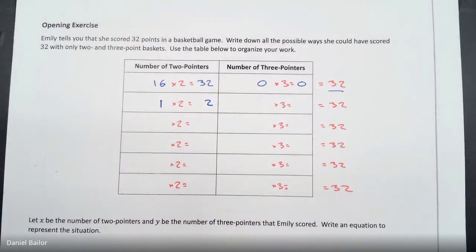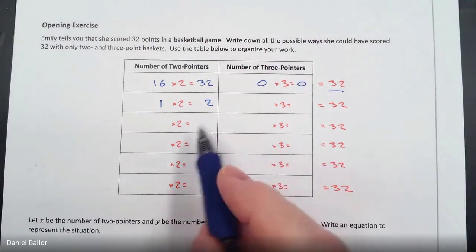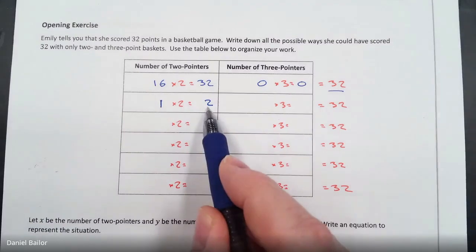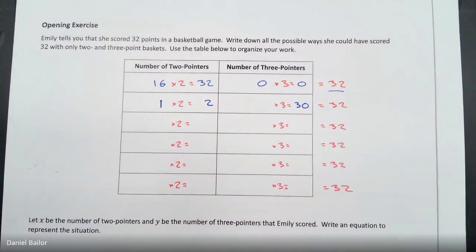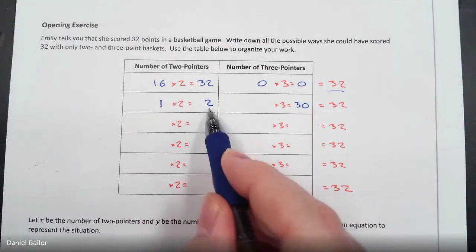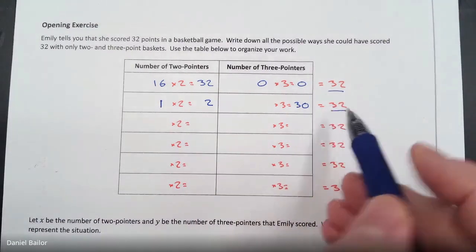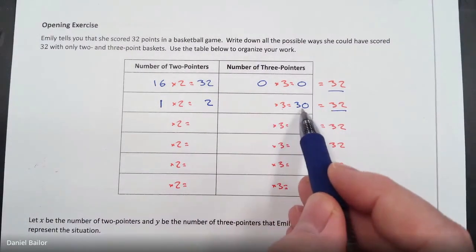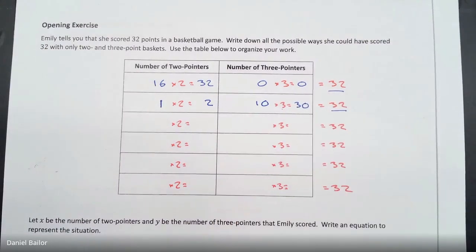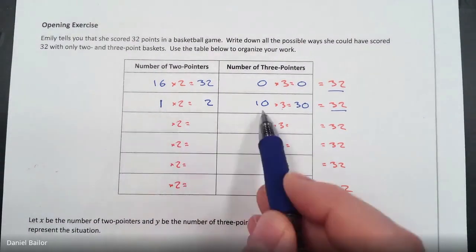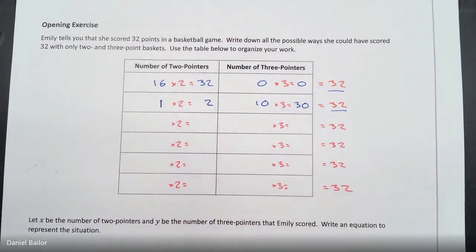Which means if she gets 2 points from 2-pointers, she needs 30 points from 3-pointers, because we need 2 and 30 to make 32. How many 3-pointers does she need to make 30 points? That's 10 3-pointers. So 1 2-pointer and 10 3-pointers will make 32 points.